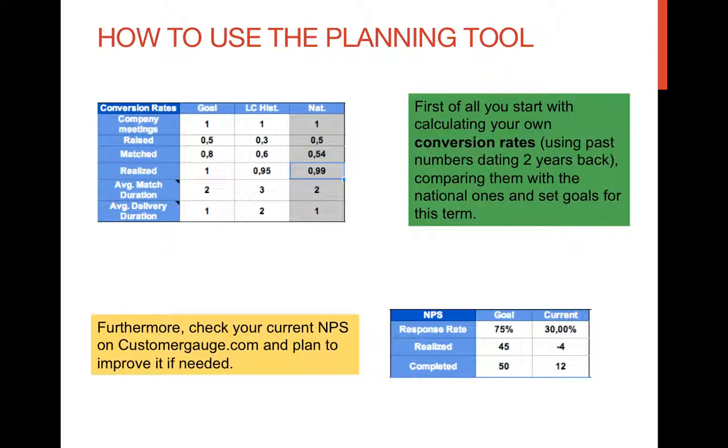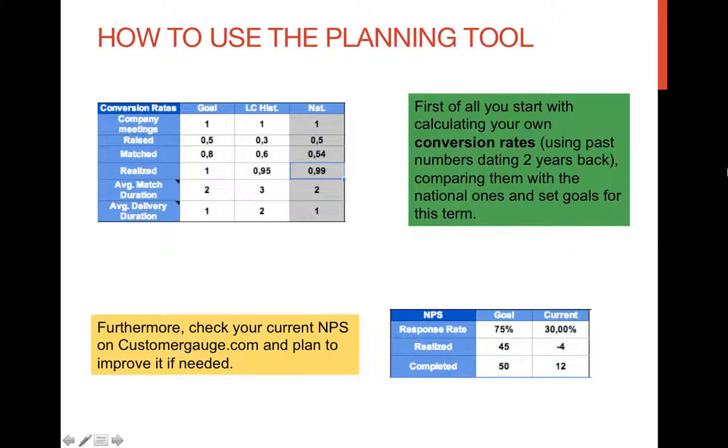Now, there are a couple of values I should explain. For example, the conversion rate for company meetings to raise is here 0.3. That means that you need about 3 company meetings to raise 1 TN in the LC history.